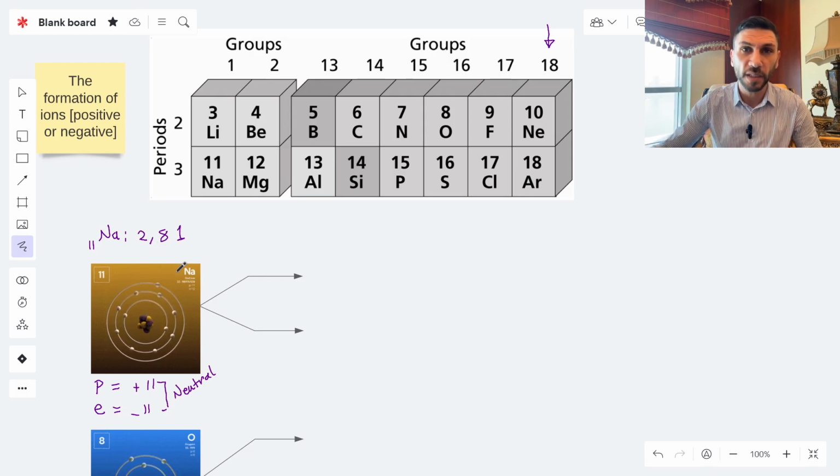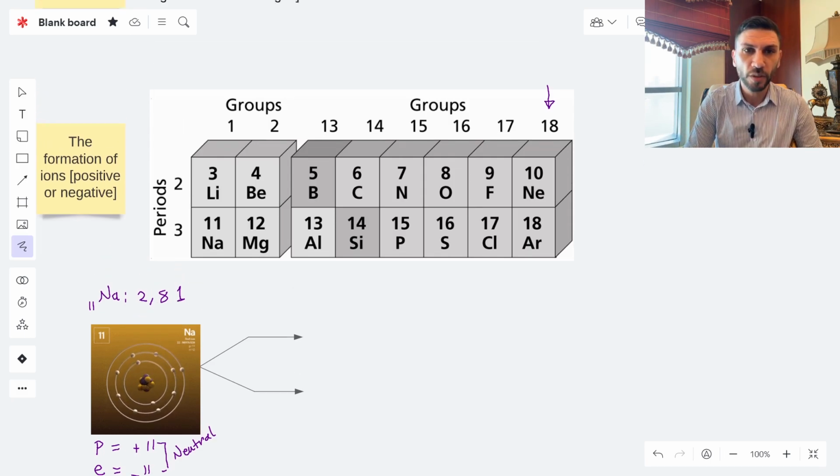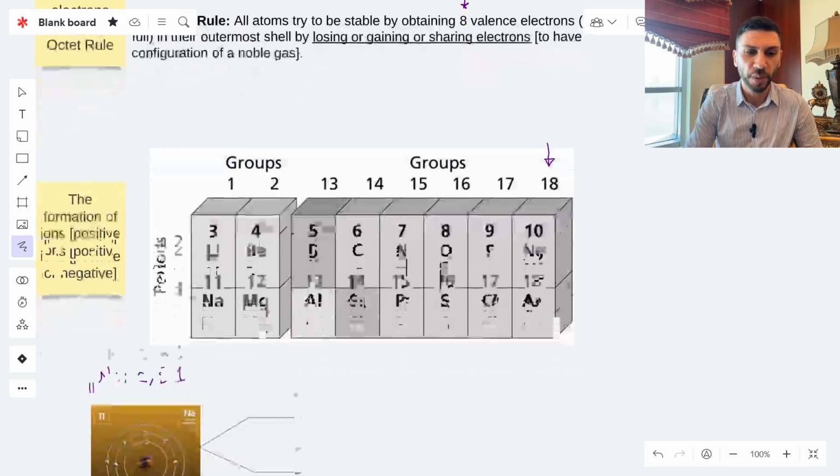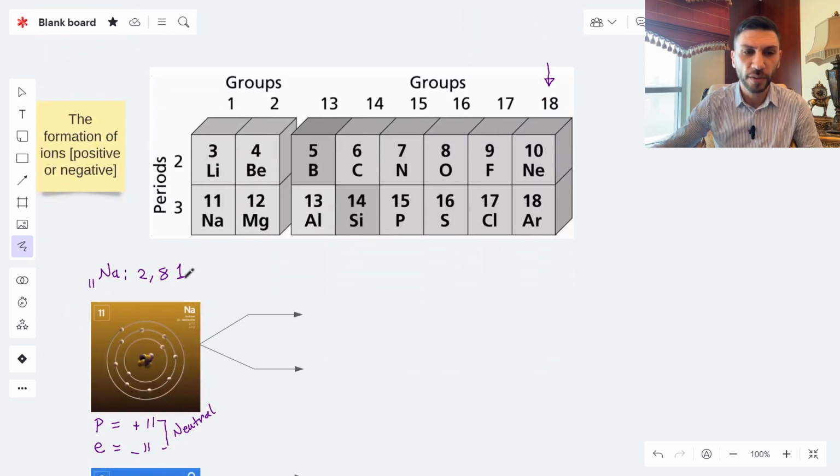Now, this atom is not stable. To be stable, as we said in the octet rule, we need to have 8 electrons in its outer shell, or 8 valence electrons. But we have here only 1 valence electron.